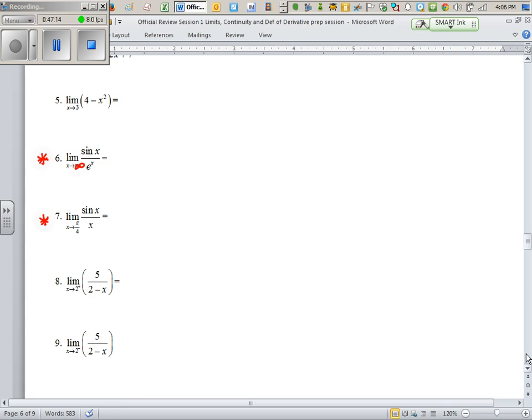Not really. Sine x doesn't really grow, right? So if sine x doesn't really grow, but e to the x does grow, what's this going to do? It's extremely bottom heavy, right? So this is going to go to what? 0.